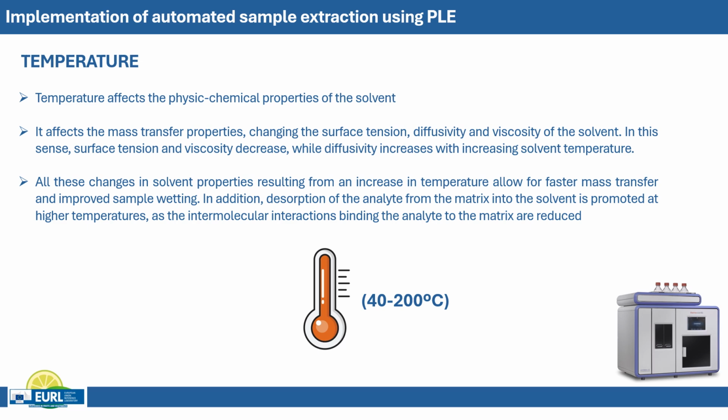All these changes in solvent properties resulting from an increase in temperature allow for faster mass transfer and improve sample wetting. In addition, the desorption of the analyte from the matrix into the solvent is promoted at higher temperature, as the intermolecular interactions binding the analyte to the matrix are reduced.